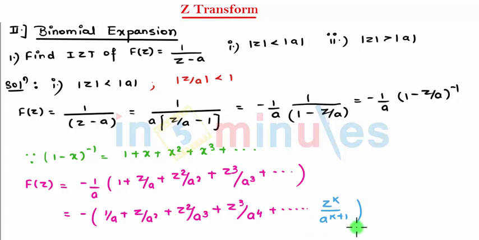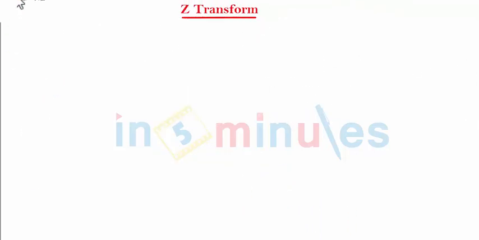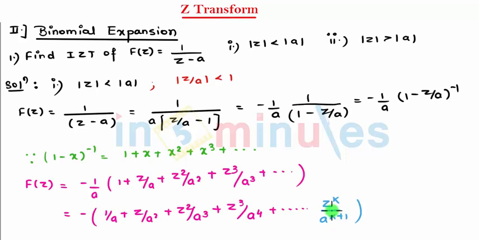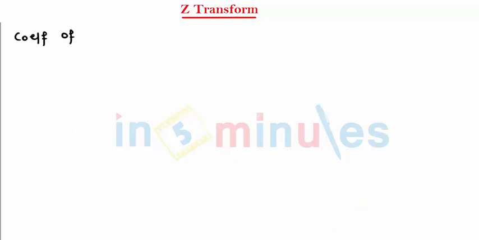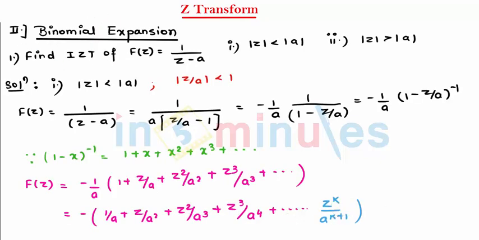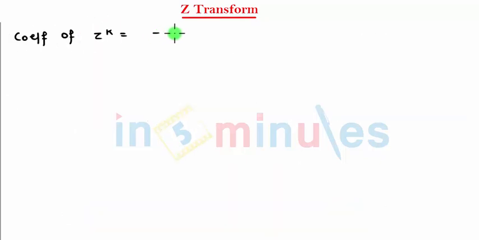From here, see students, we are always interested in the coefficient of z raised to minus k. If you see here, we get z raised to k, so the coefficient of z raised to k that we have got is minus 1 upon a raised to k plus 1.